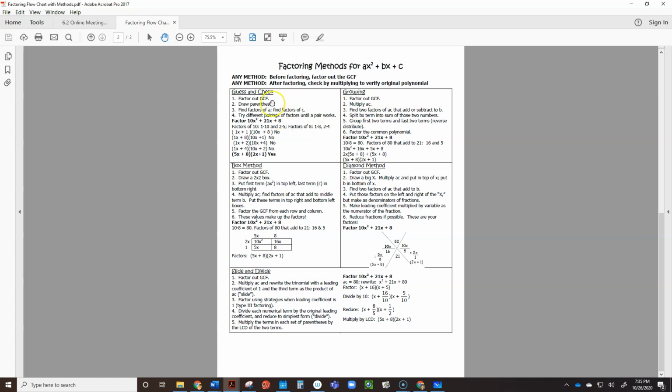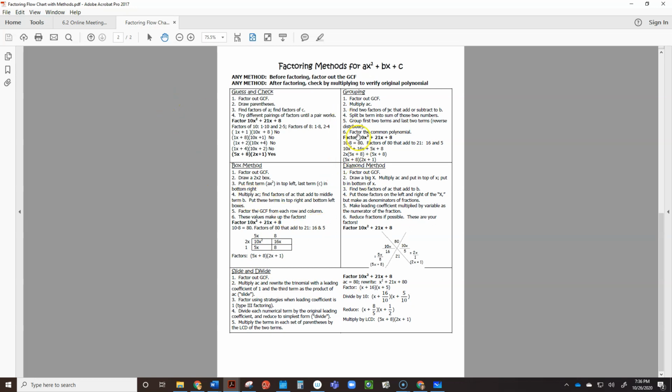So really and truly, with the exception of guess and check, all of these could be called the AC method, because they're going to require you to multiply A times C. Every single one of those. That's why we call it the AC method.